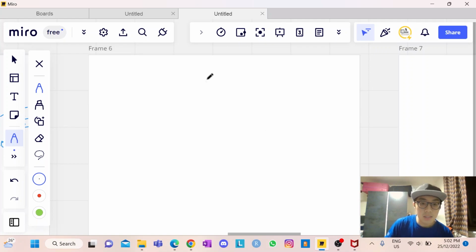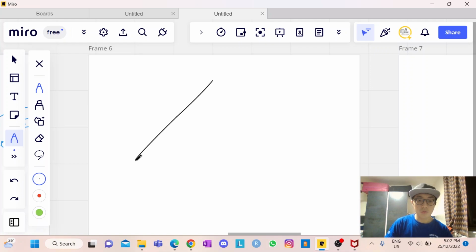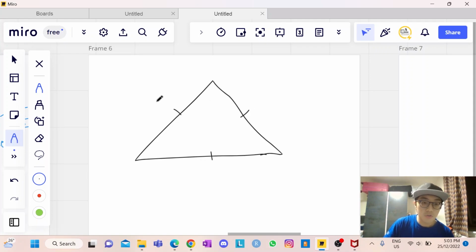Consider this as an equilateral triangle. Does it look like an equilateral triangle to you? Assume this is an equilateral triangle with length 2, and here I'm going to divide this in half so that this is 1 and this is 1.